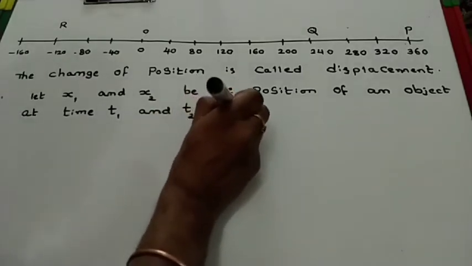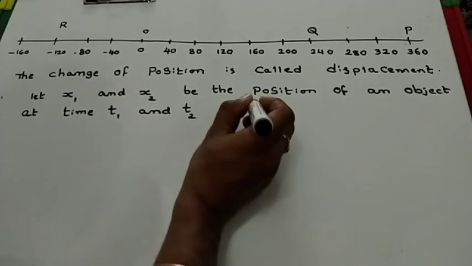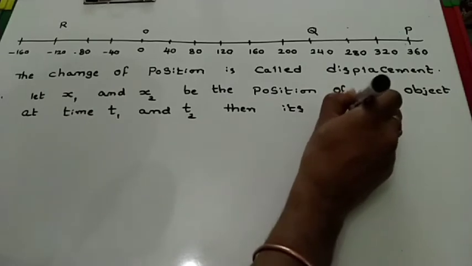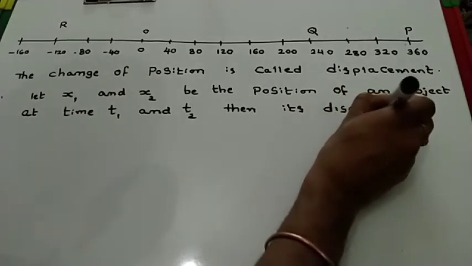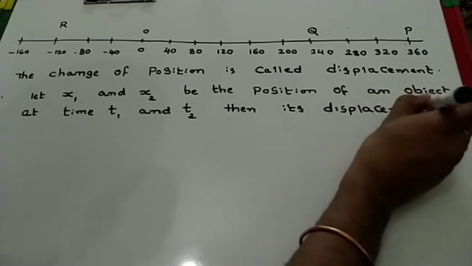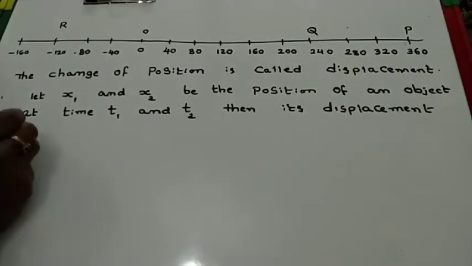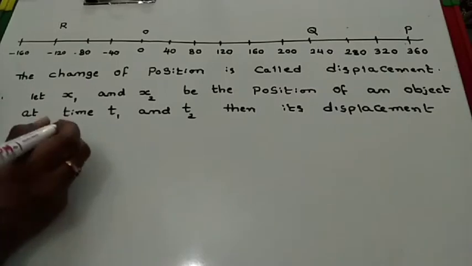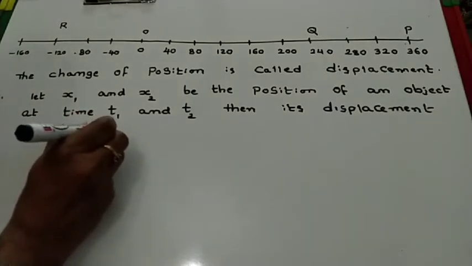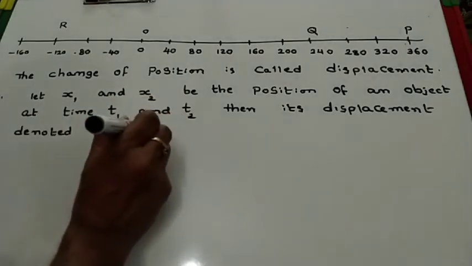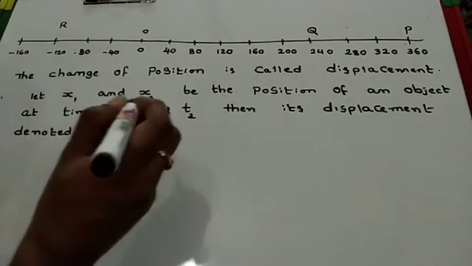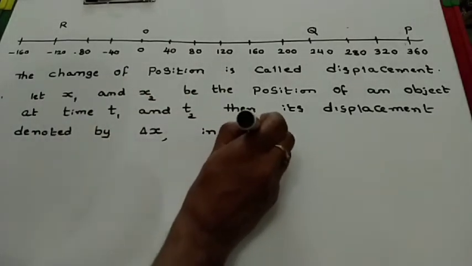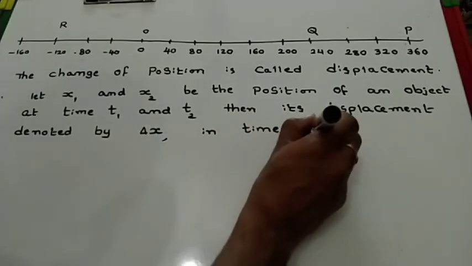Then its displacement is denoted by delta x in time delta t.